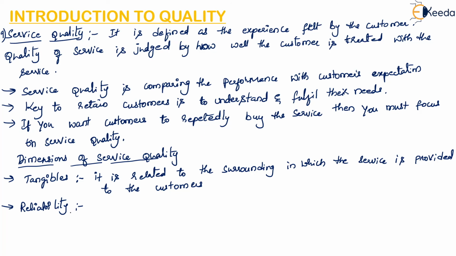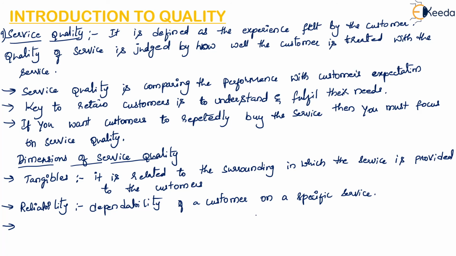The next one is the reliability. So reliability refers to the dependability of the customer on a specific service. So it is all about what is promised and what is delivered. So when you promise something while you are providing a service, you have to see that it is delivered. So that comes under reliability. The next one is the responsiveness.